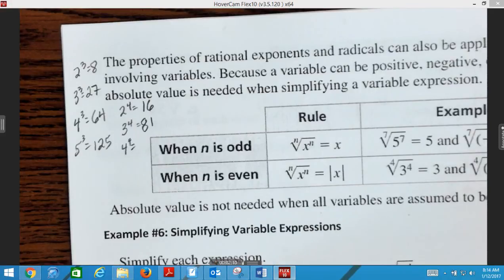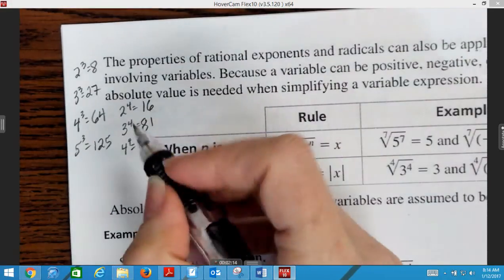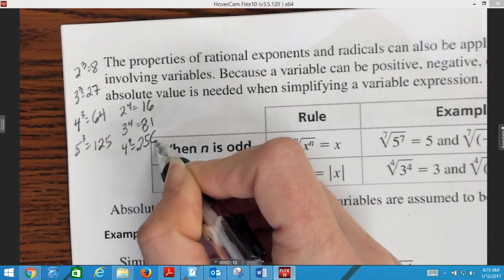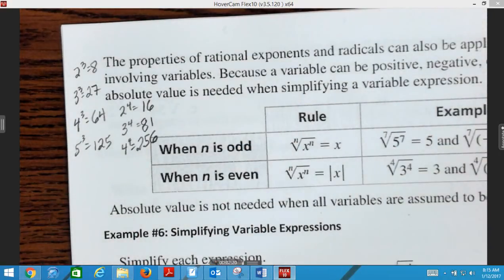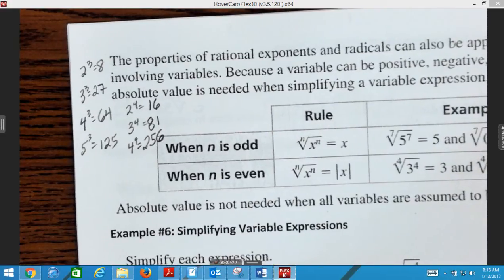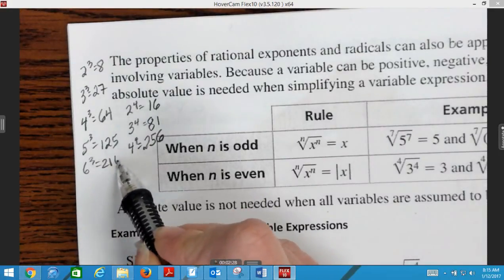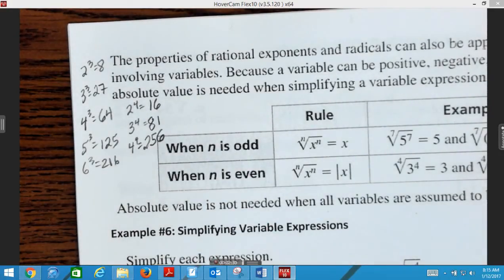Does anybody have 4 to the fourth memorized, or can find it real fast? It's 256. 216 is 6 to the third. Okay, so we have some of those handy.